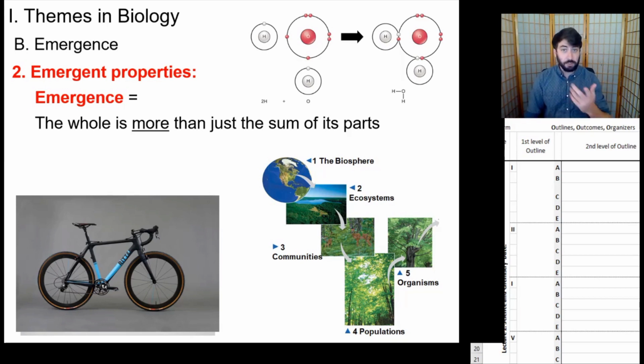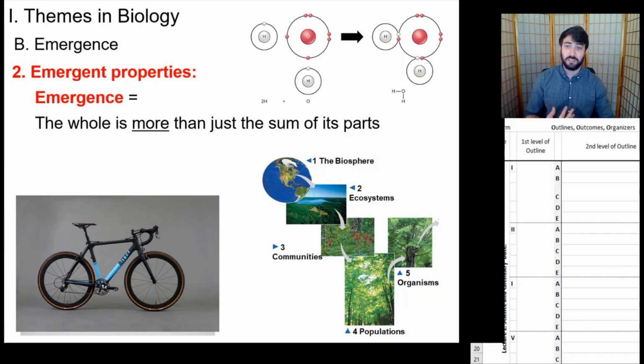Okay. Similarly, we have 2 hydrogens and 1 oxygen. Now, when you combine these to form a water molecule, that water molecule has lots of emergent properties that we're actually going to get to in a little bit, but that do very different things than the hydrogen atoms and oxygen atoms have on their own, right?